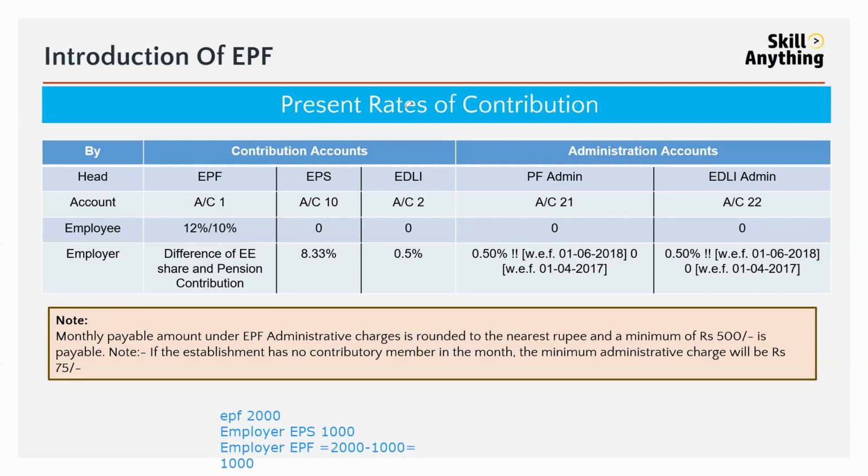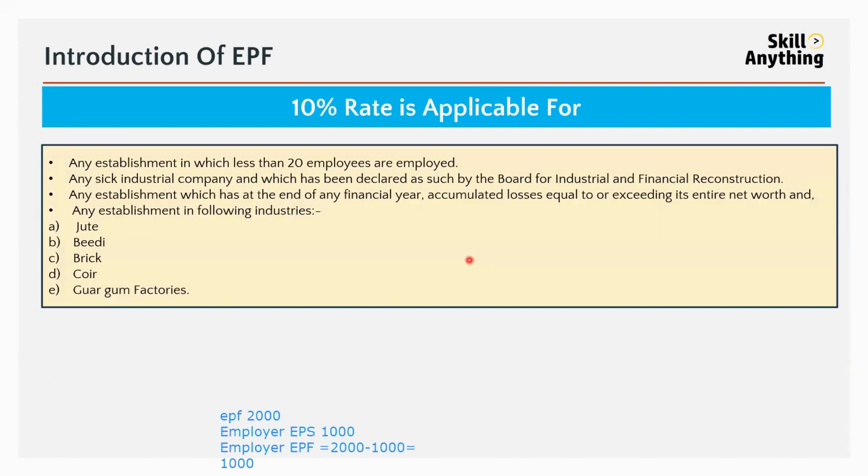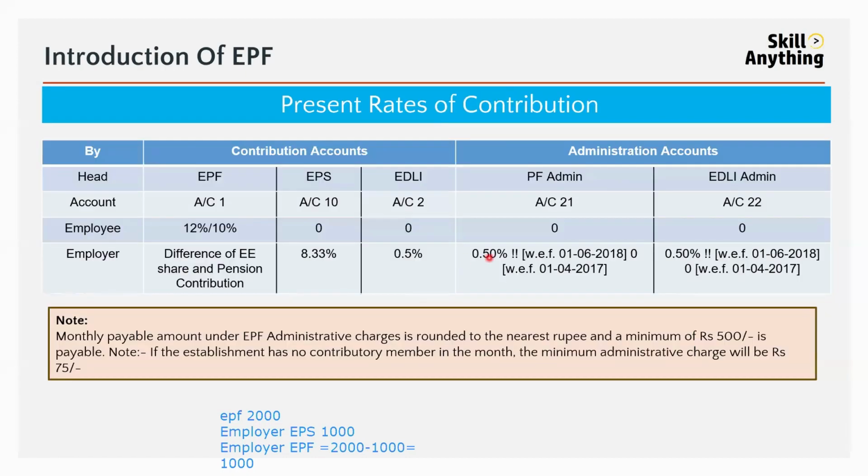EDLI charges for the employer is 0.5%, EPF administration charge is 0.50%, and EDLI admin is 0.50%.